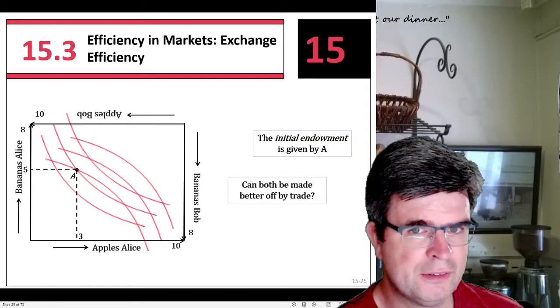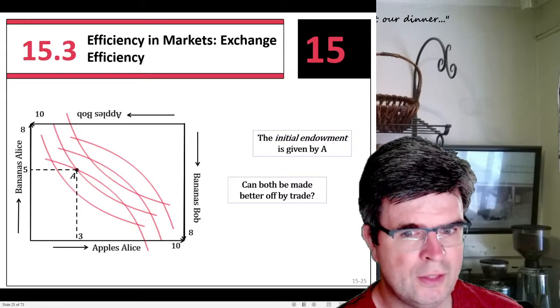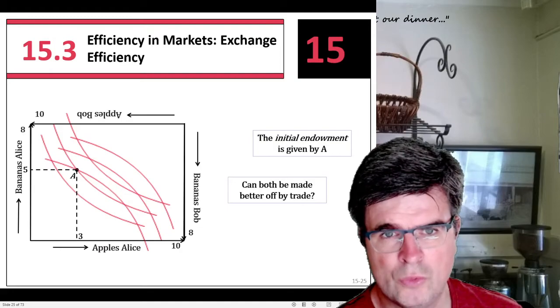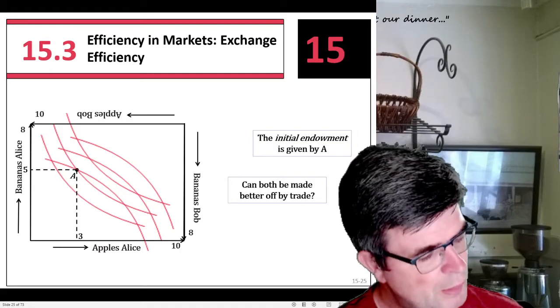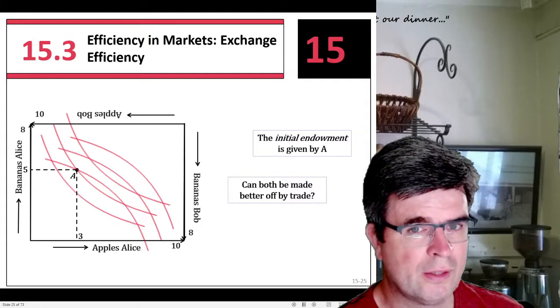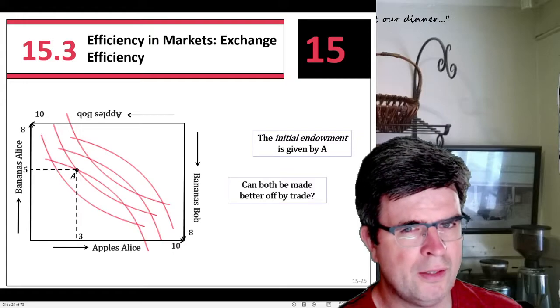And then the question is, are Pareto improvements available? Can they trade apples and bananas in such a way that makes them both better off? Better off within the context of our course means, can they reach an allocation that gives each of them a higher utility?